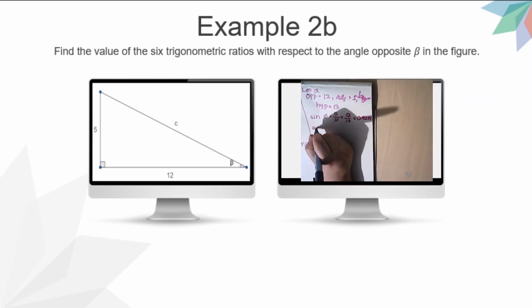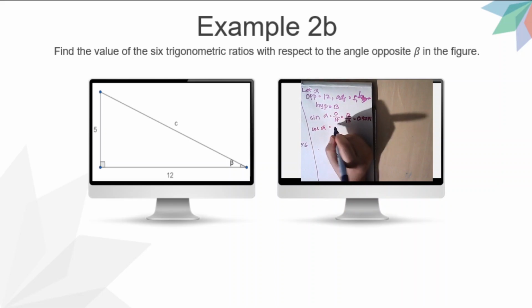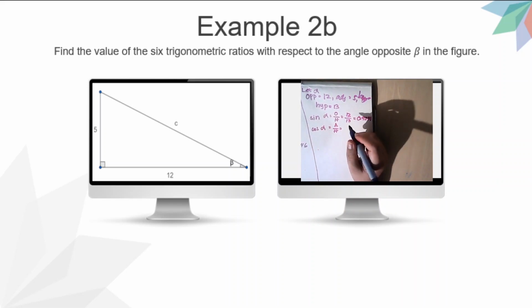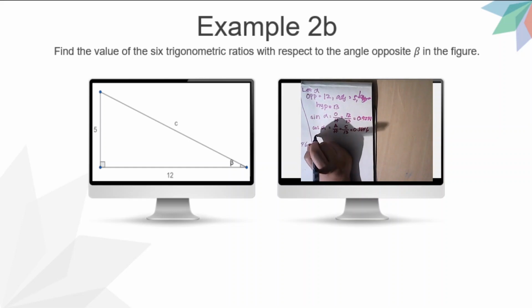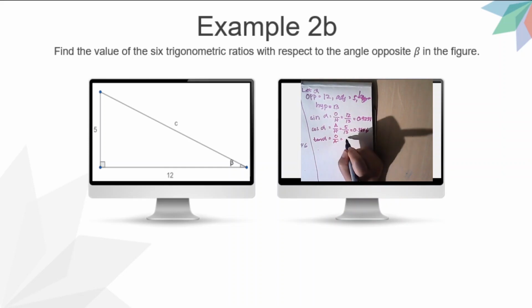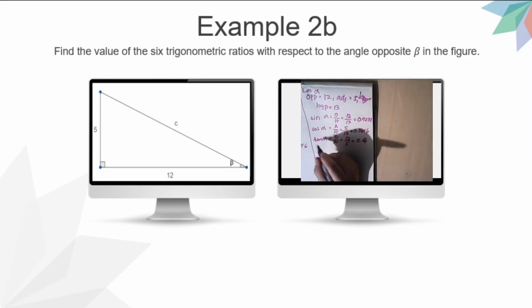Then, we have cosine alpha, which is adjacent over hypotenuse, and the adjacent side is 5 units divided by the hypotenuse, which is 13, giving us 0.3846. Then, when we get tangent of alpha, which is opposite over adjacent, we are going to have 12 over 5, or 2.4.